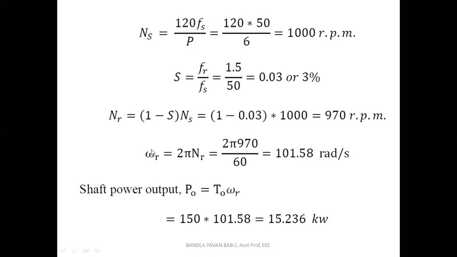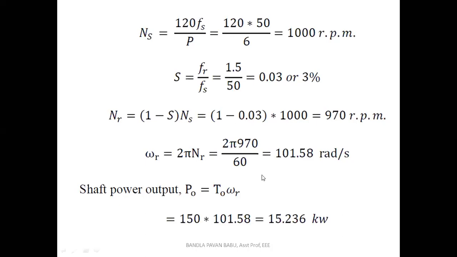In order to convert into angular velocity, I get 2 pi into nr, which is 970, by 60. So I have said to you before that it is 2 pi n by 60. Substituting that, we got 101.58 radians per second.